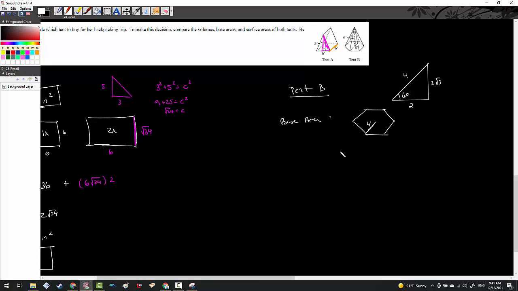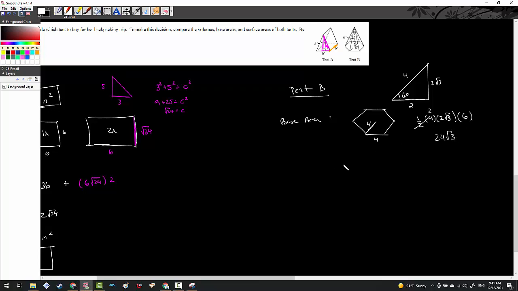So the base area is going to be 1/2 base, which is, if this is 2, that means this is going to be 4. So 4 times height, which is 2 rad 3, times the number of triangles, which is 6. So that's going to be 2. So 24 rad 3 is the base area. Let's go and find out what that is as an actual calculation.